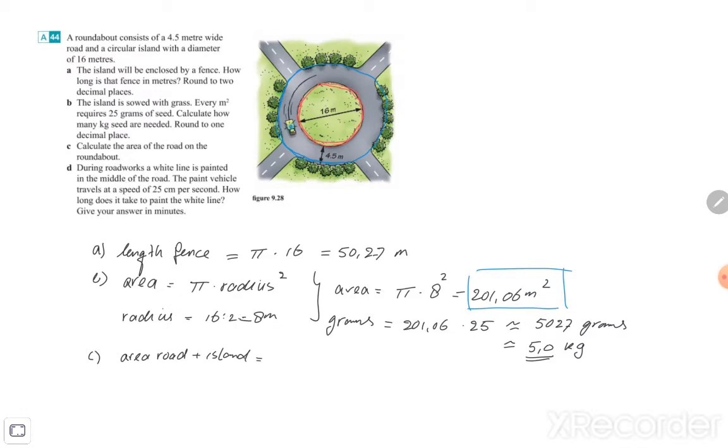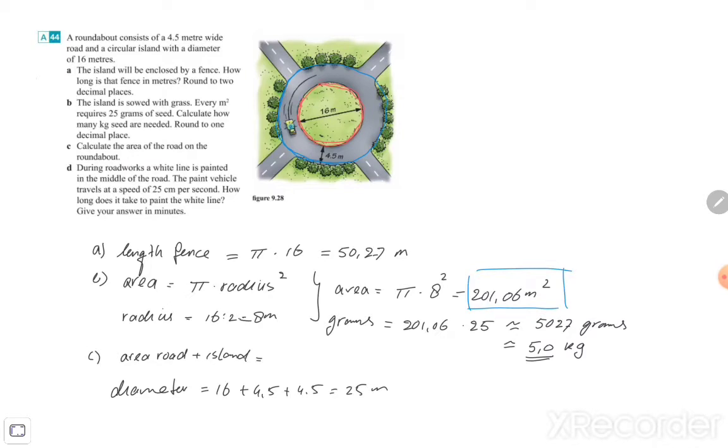the width of the roundabout is 4,5 meters. So the diameter is not 60 meters anymore. I'm going to calculate it here. The new diameter is 60 plus 4,5 and another 4,5 meters. So that's 69 meters.